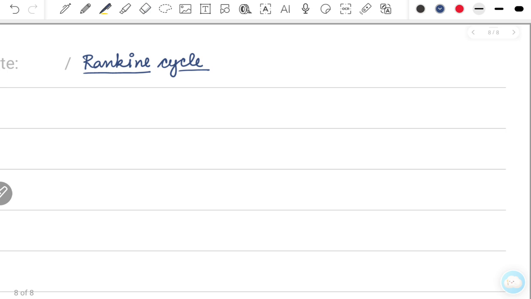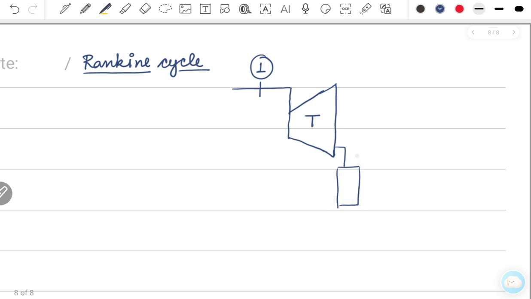Now, if you look, there is a turbine. That is how we represent a turbine. So this is a turbine, a work producing component. Let's say steam at a high pressure and temperature enters here at state 1. Then from here it will move to the condenser where the heat loss will take place.